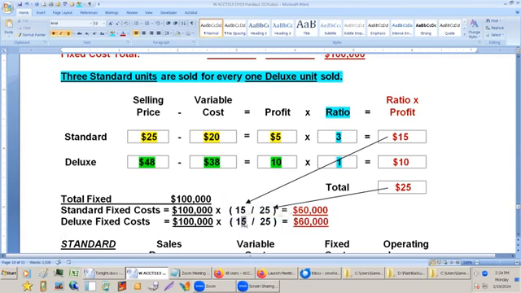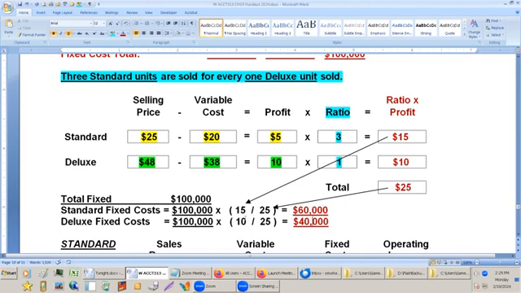So the deluxe would get 40,000 of it. And again, if you get one of them, you're pretty much on your way. If you have 100,000 and 60 is going to standard, then you know how much is going to go to deluxe.